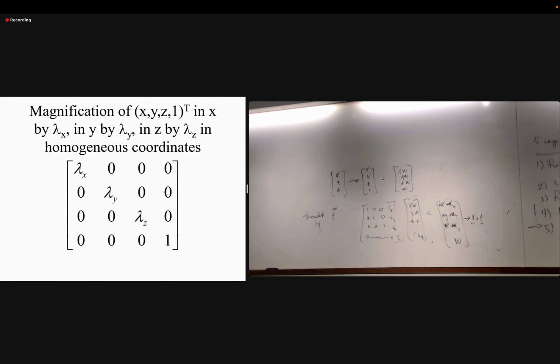And there it is. Multiply the first coordinate by lambda sub x, the second one by lambda sub y, the third by lambda sub z. And when you multiply any vector by that, you'll get lambda sub x x, lambda sub y y, lambda sub z z, and then 1. Right?